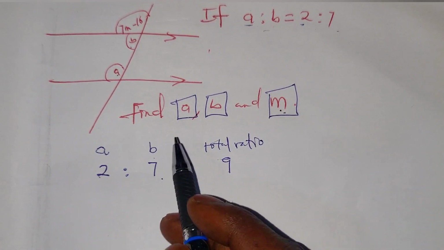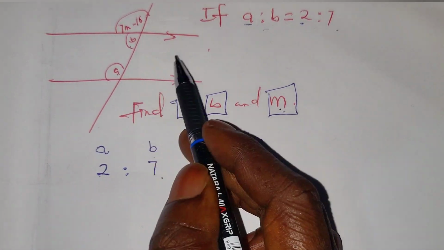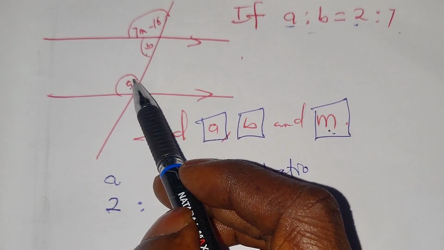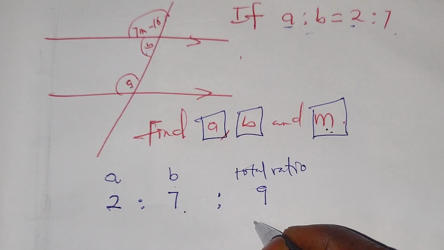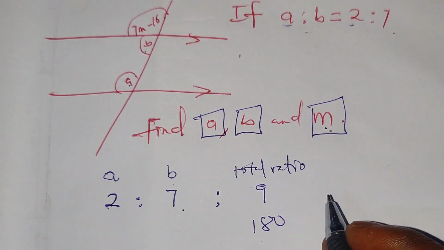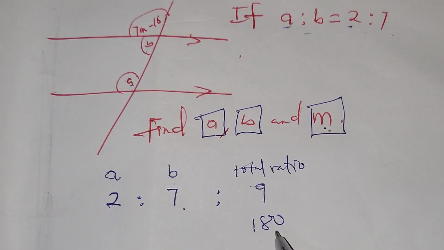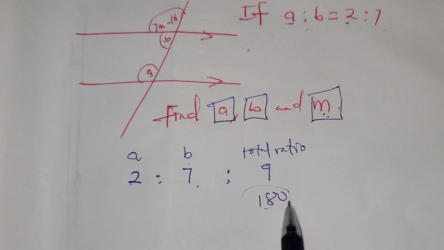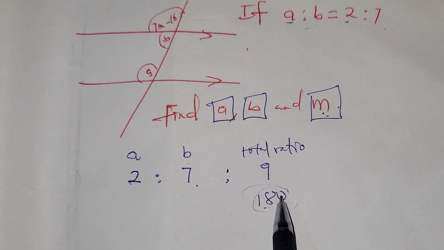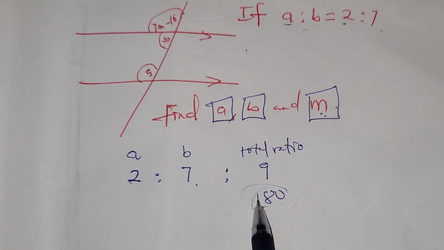And we also know from the property of parallel lines that B plus A, the sum of the two, should give us 180. So in ratio speaking, the total ratio is not the total amount to be shared; the total amount to be shared is actually 180.